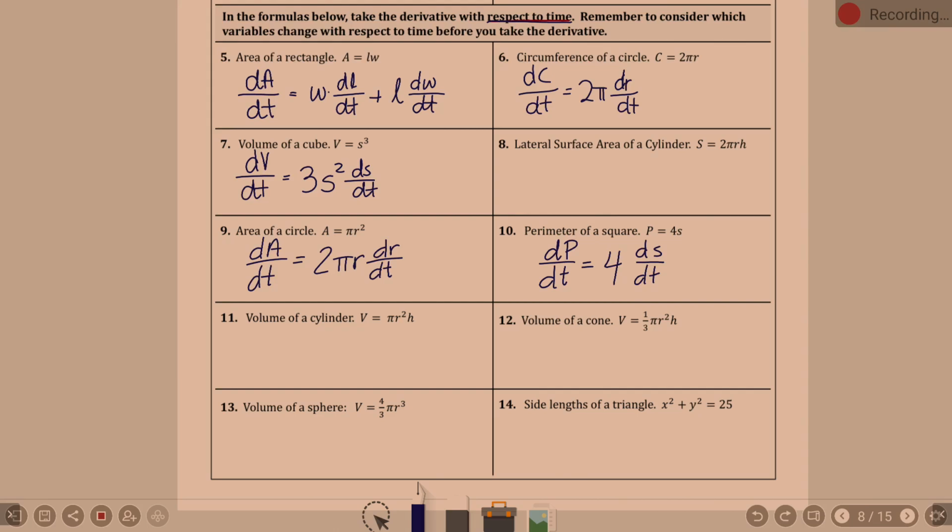What's the catch with 8? There's an R and an H, so we're going to have to think product rule, which is what we did with number 5 with length and width. Now, there's a couple different ways we can do this. First of all, derivative of S, ds over dt.